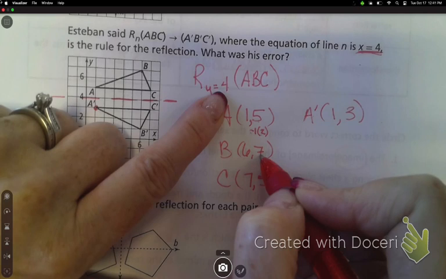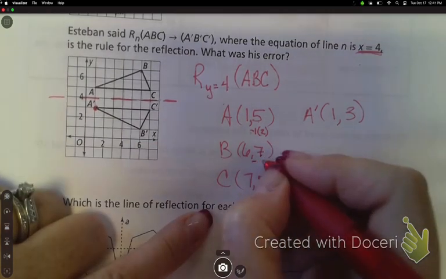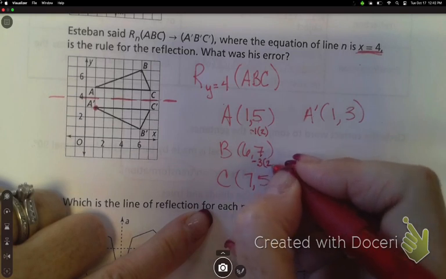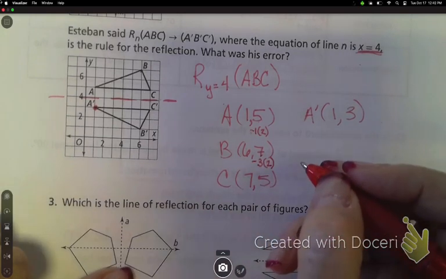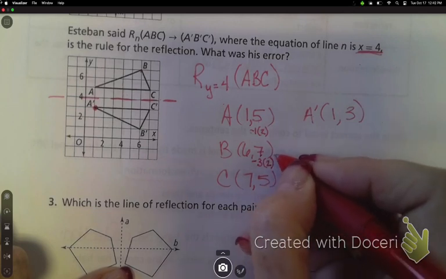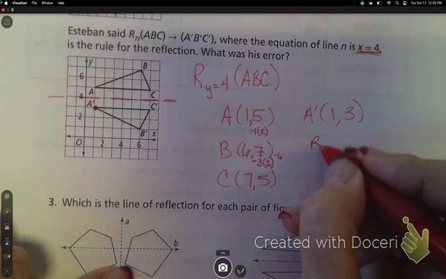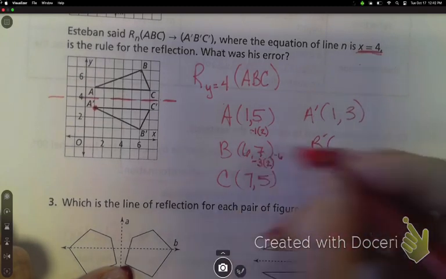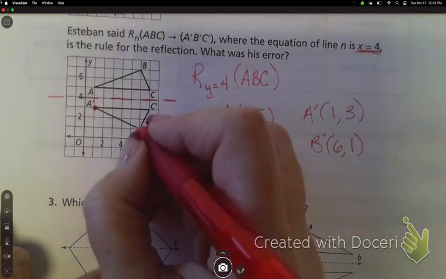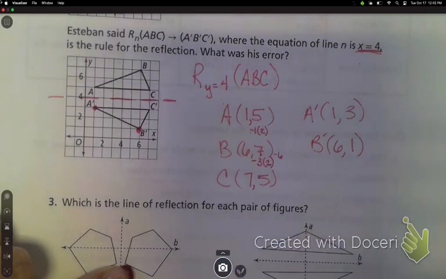What's the difference? 3. So minus 3 because I'm going down, right? Times what? 2. So what's negative 3 times 2? Negative 6. So 6, and 7 minus 6 is 1. Is this at 6, 1? Yes. You see how I'm getting this, guys?